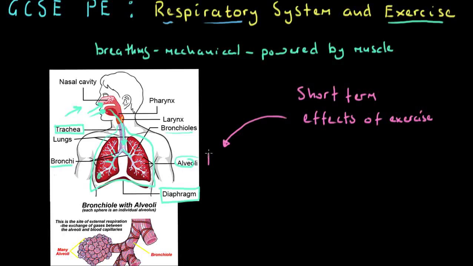The first one is that we breathe faster, right? We get an increase in breathing rate. And I don't know if you've ever noticed, but when our breathing rate increases, it doesn't necessarily mean we're breathing deeper. It just means that we're breathing faster. So there is a difference between breathing deeply and breathing fast.